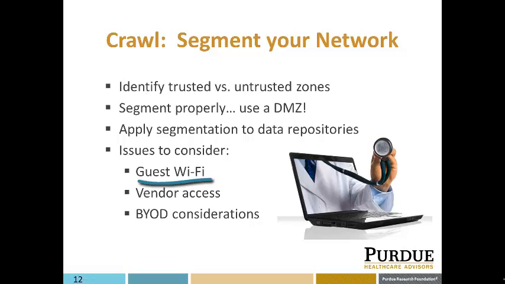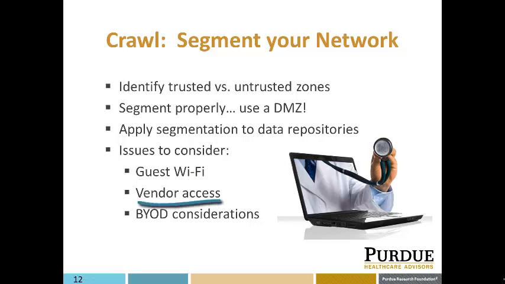But while they're on our guest Wi-Fi, we certainly don't want them conducting anything malicious or even accidental, mischievous behavior. Think of your pediatrics ward, right? You may have some bored teenagers sitting in a hospital room somewhere, and not that they have any malicious intent, but we don't necessarily want them to get on certain segments of the network that we don't want them on.